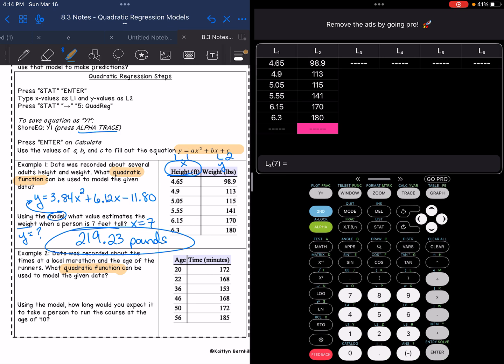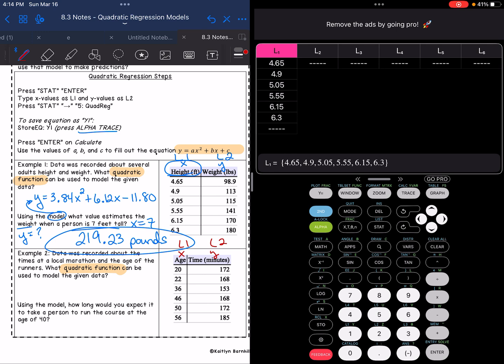So we've got our table like they gave us before. Remember, left side's your x, right side's your y. So left side is L1, right side is L2. So we're going to get rid of our numbers that are already typed in. So I'm going to go all the way up and highlight L2, and I'm going to push clear, enter. And it gets rid of all those numbers. And I do the same thing for L1.